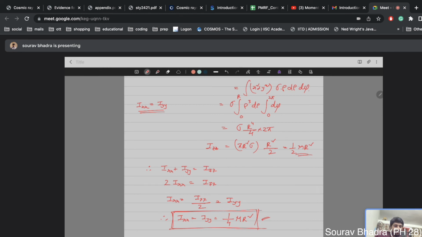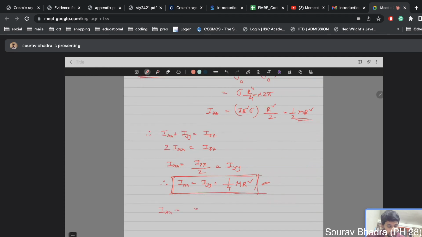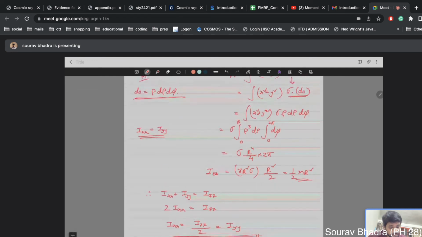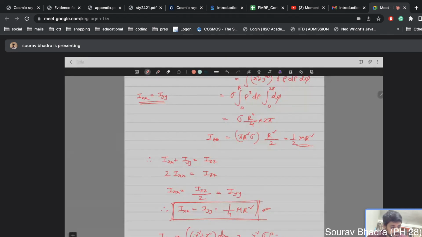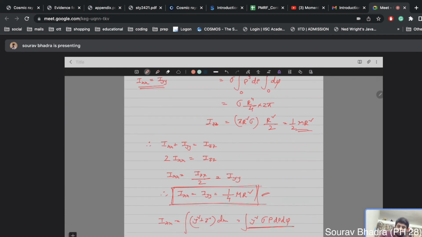This you can also verify by doing the whole calculation, with dm. So y square plus z square, there is no z square, rho d rho d phi as the area element. If you do this, you will also get the same result, 1/4 M r square. So try to verify this result.